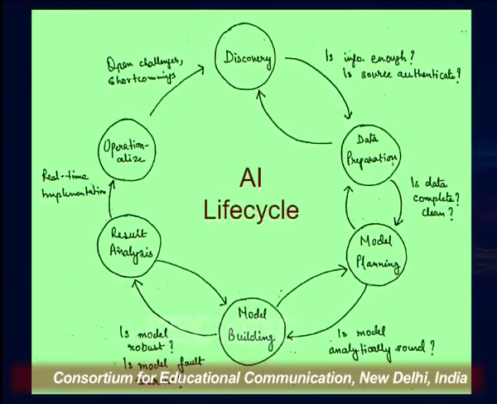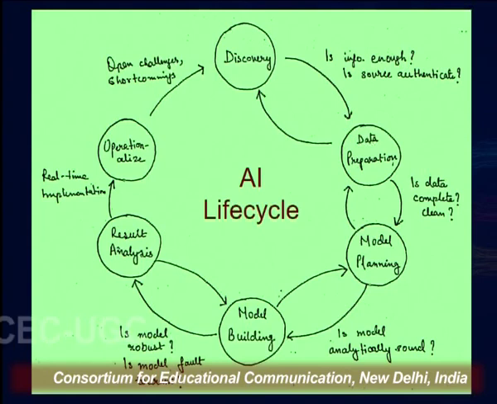The first stage in this particular AI life cycle is the discovery phase. Discovery means that we have to collect the data. From where are we collecting the data? Is the source authentic? Are we getting enough data?